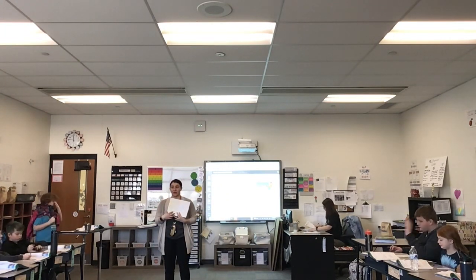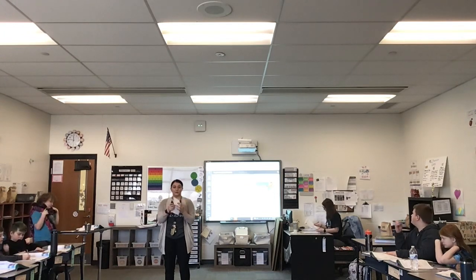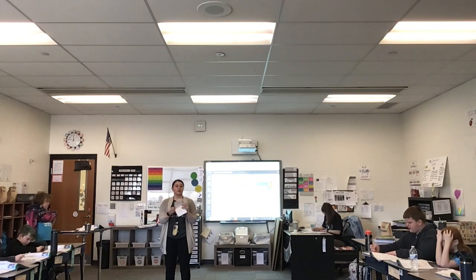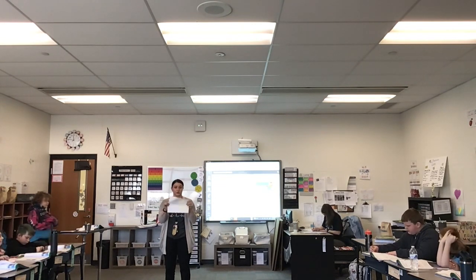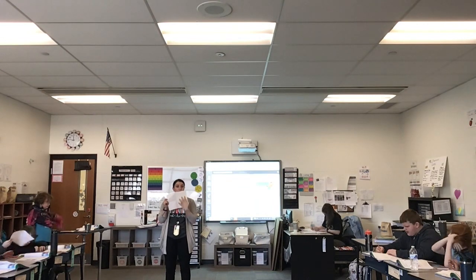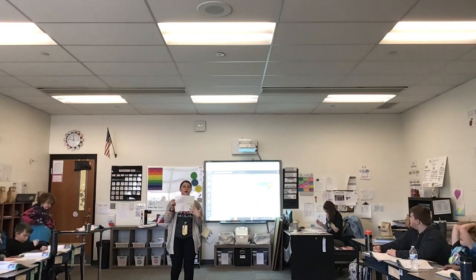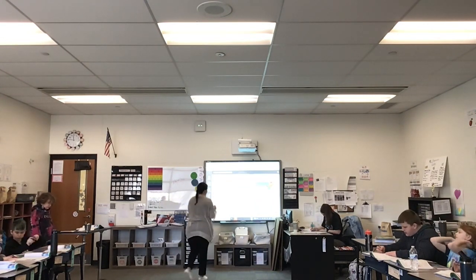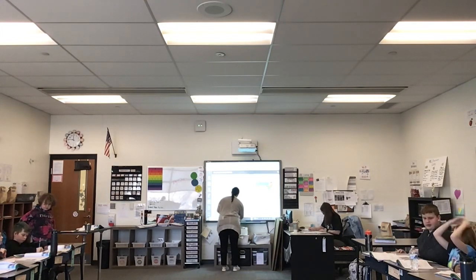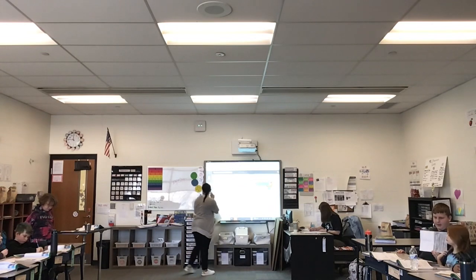Because we shaded our 1/2 in, and when we folded our paper again, it made our 4 squares. We saw that 2 of our 4s were in the 1/2 that was colored, right? So it's going to be 2/4. Okay?